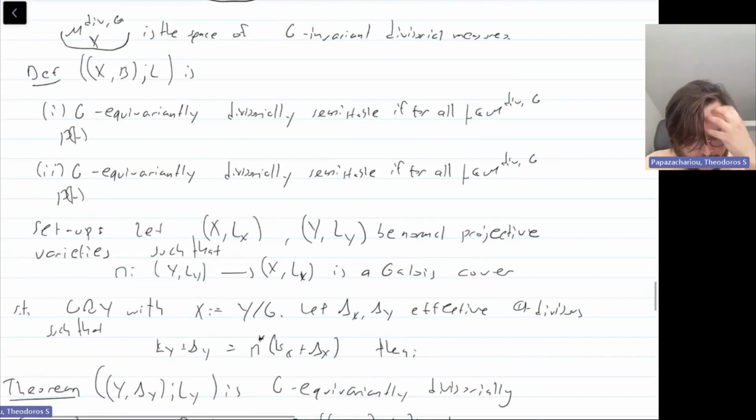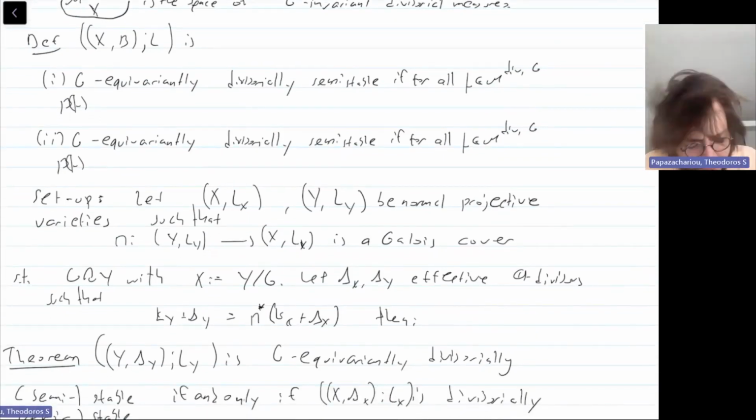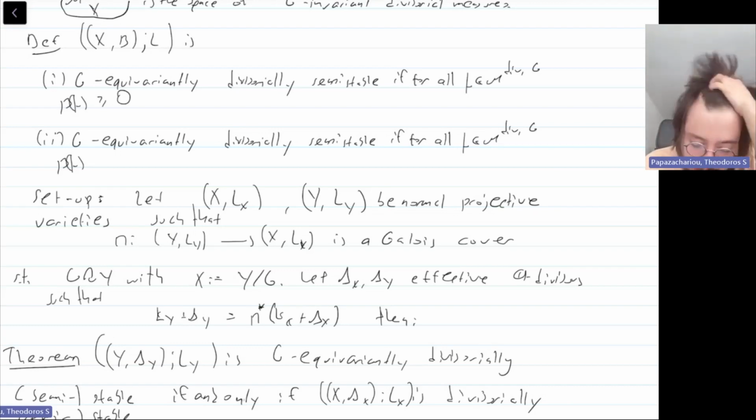Then I can define G-equivariant divisorial stability and semi-stability in the following form. Again, I want the beta invariant to be bigger than or equal to 0 for all G-invariant divisorial measures if I want it to be divisorially semi-stable.